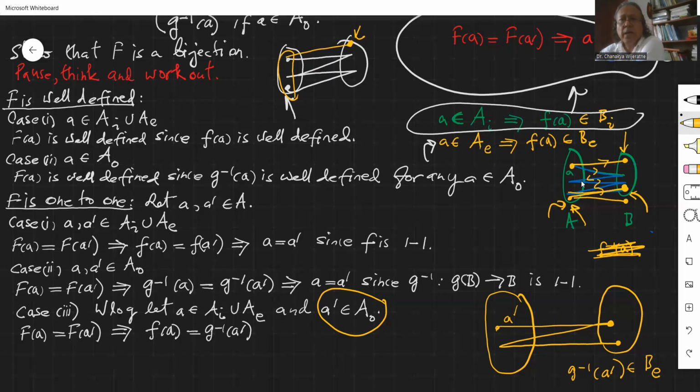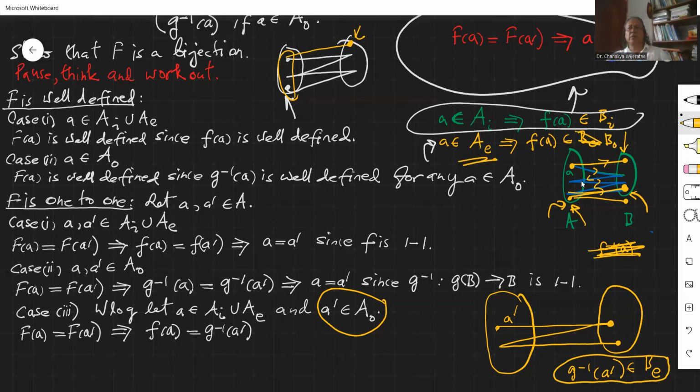Sorry, now this has to be: A belongs to AE implies that f of A belongs to BO, and here g inverse of A prime belongs to BE.